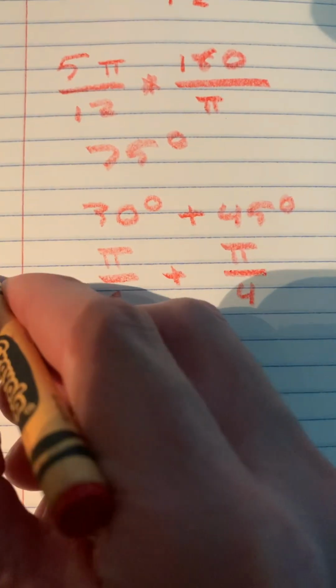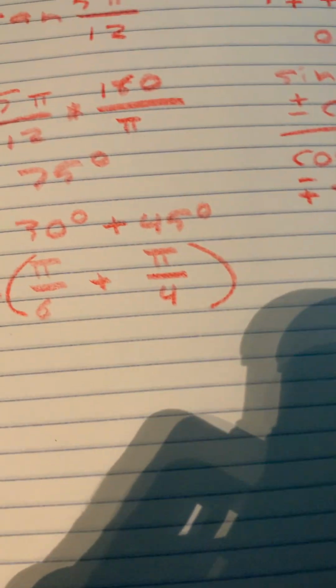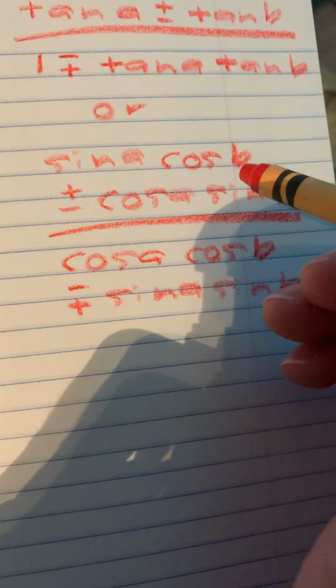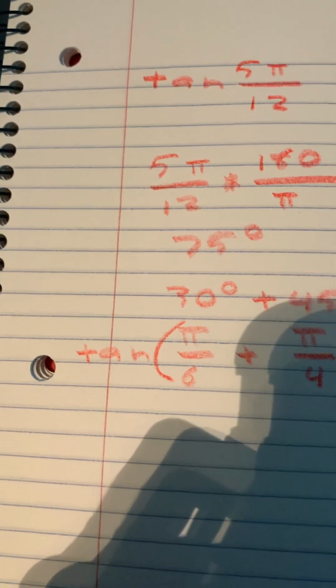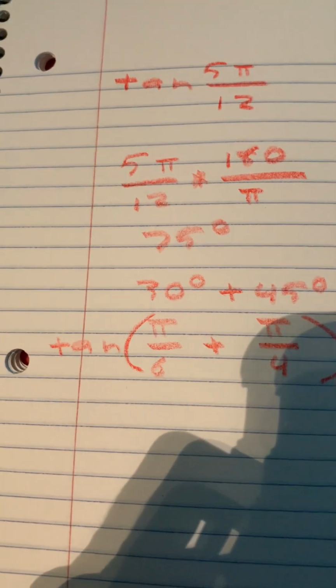And we're taking the tangent of that value. So, we're going to try it this way first, using the sine identity over the cosine identity, because tangent is sine over cosine.